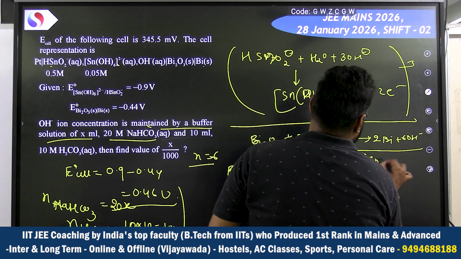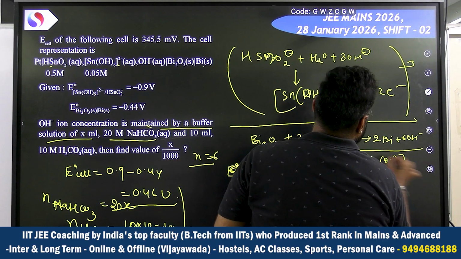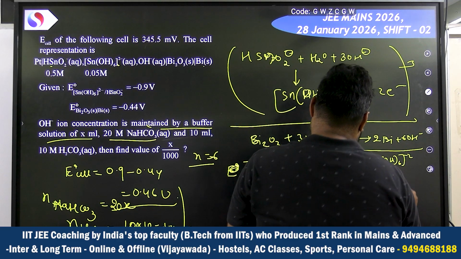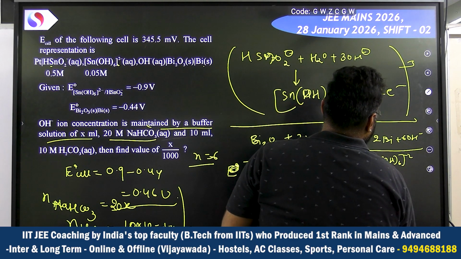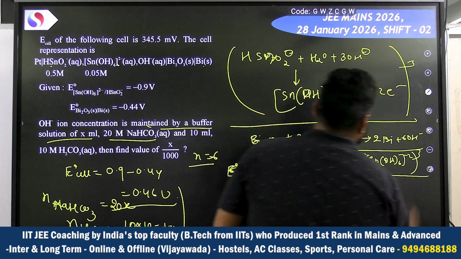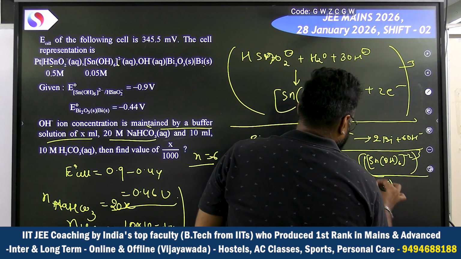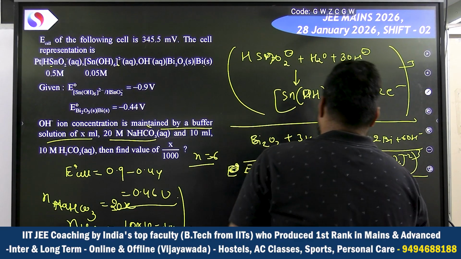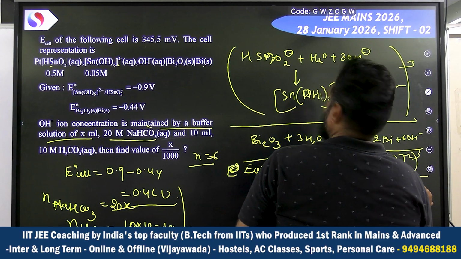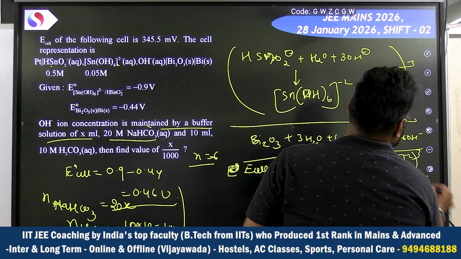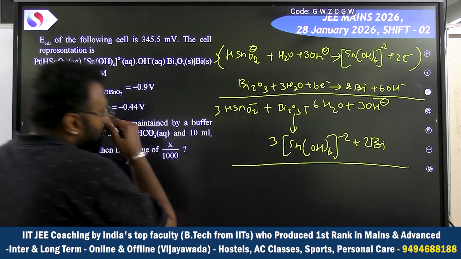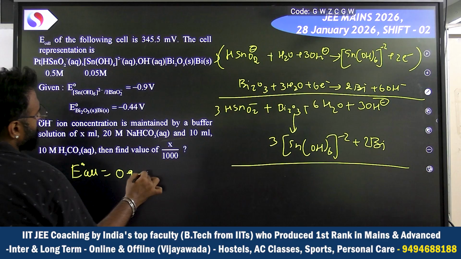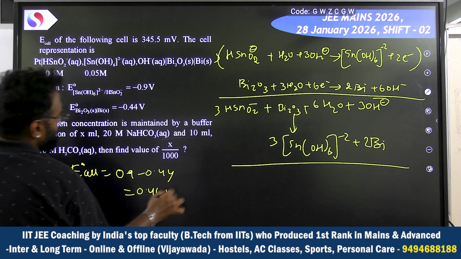Product will be Sn(OH)6 2 minus whole cube divided by OH minus to the power कितना हो जाएगा, whole cube into SnO2 minus. Correct? Now what was E naught cell? 0.9 minus 0.44 yani 0.46 volt.